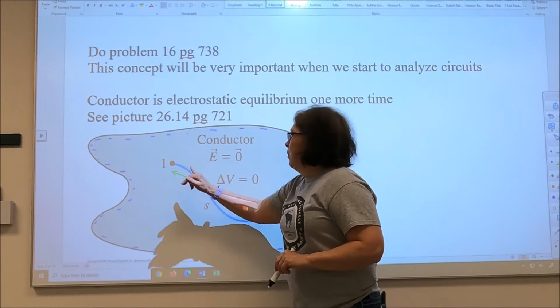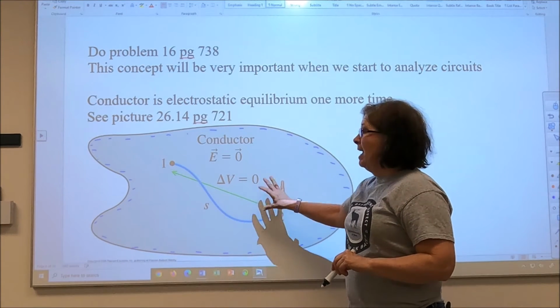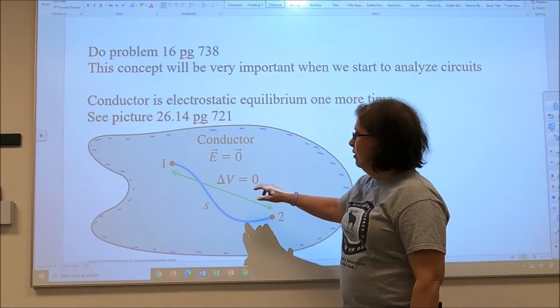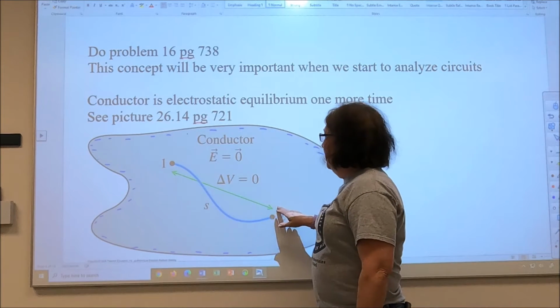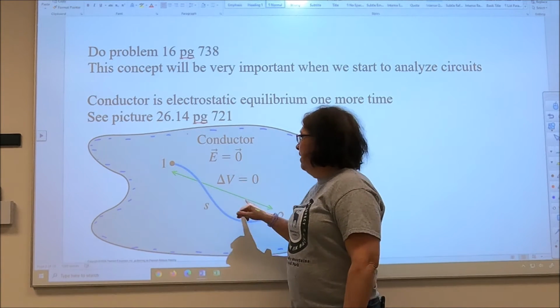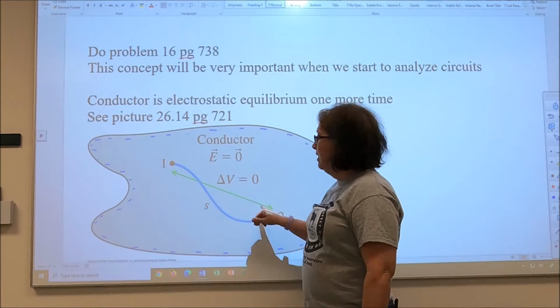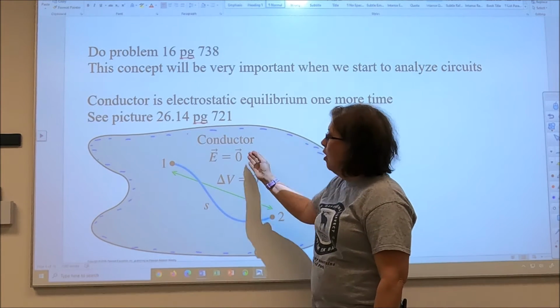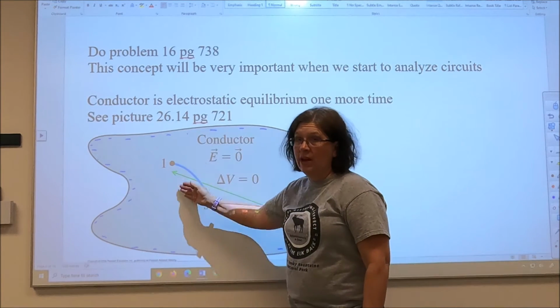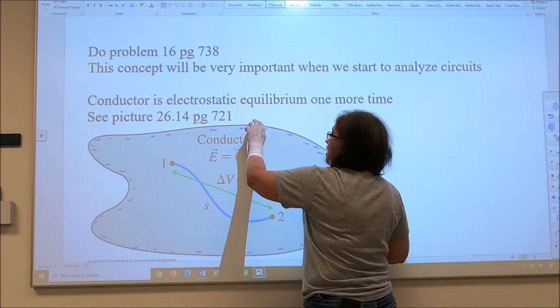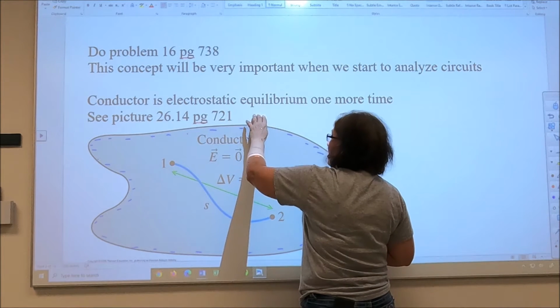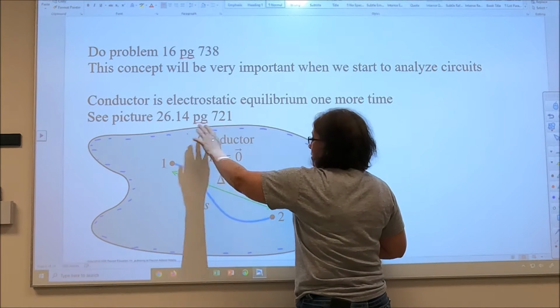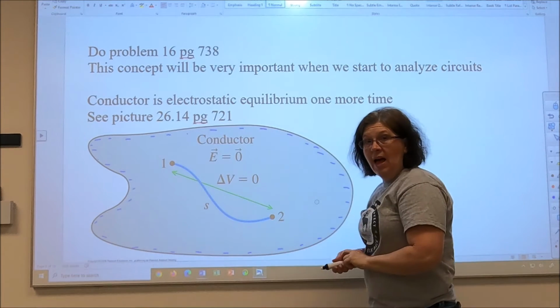So if I was at a point 1 or a point 2 inside this conductor, the difference in electrical potential between the 2 points would have to be 0 because there is no electric field in this region of space. There's an electric field starting at the surface going out, but there is no electric field inside.